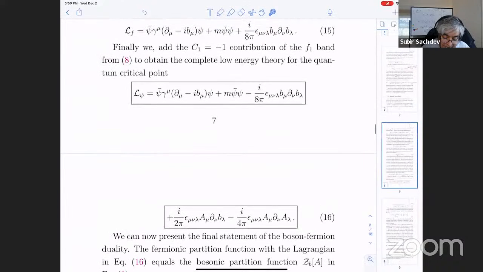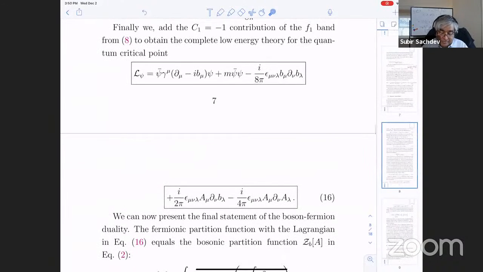So now I have this theory. If I ignore the external gauge field, it's a Dirac fermion with mass m with Chern-Simons level a half. Sometimes people say it's U(1) level a half. This is the notation you might see.